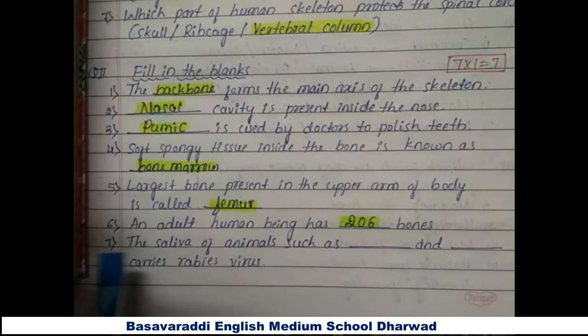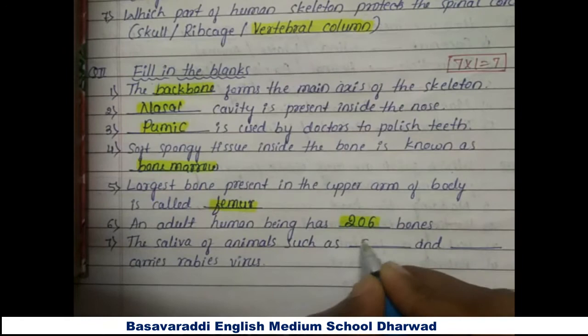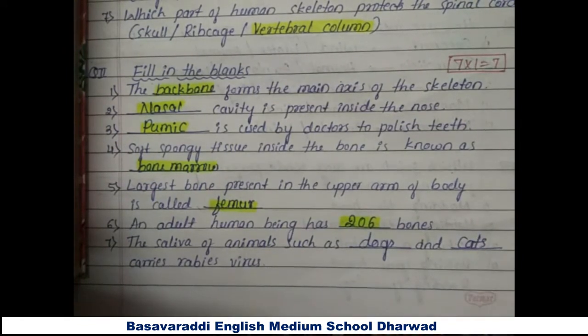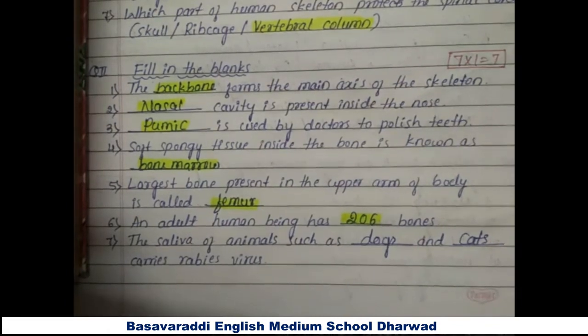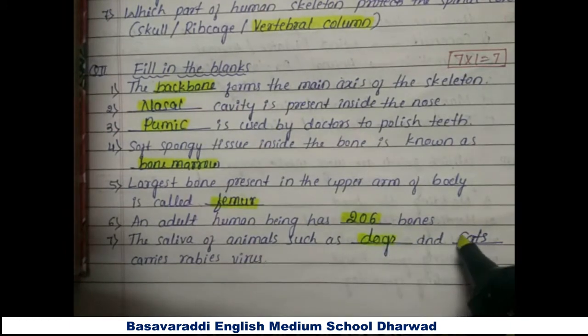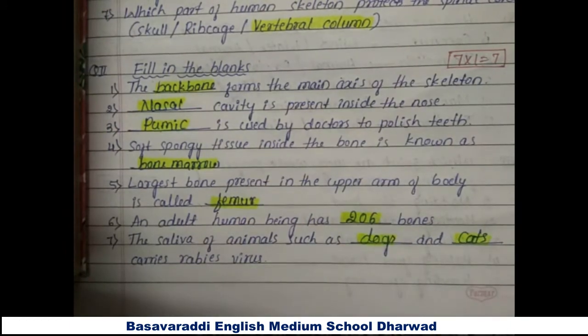Seventh one, the saliva of animals such as dogs and cats carries rabies viruses. Monkey is also one of the examples.